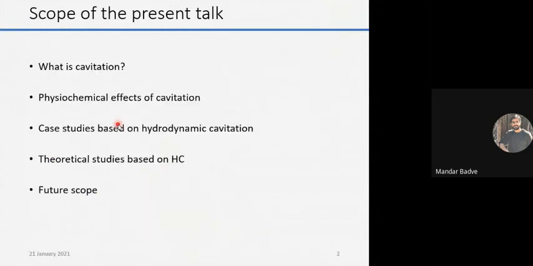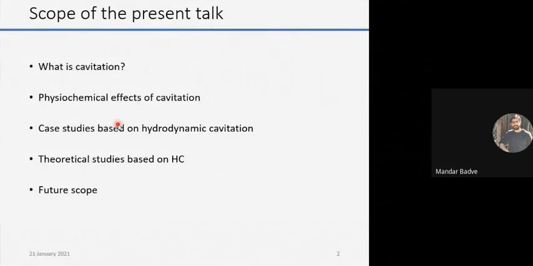So this is just a brief scope of my talk today. We will first see what exactly cavitation is, because some of you will already know what cavitation is, but some may not. Then we will see the different physicochemical effects of cavitation. After that, we'll see actual case studies based on one type of cavitation, which is hydrodynamic cavitation.